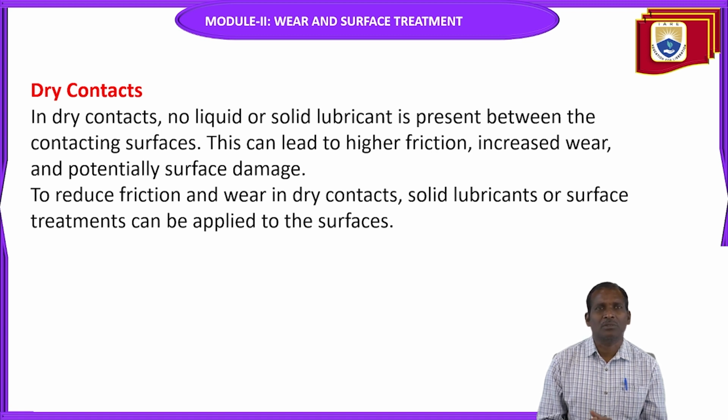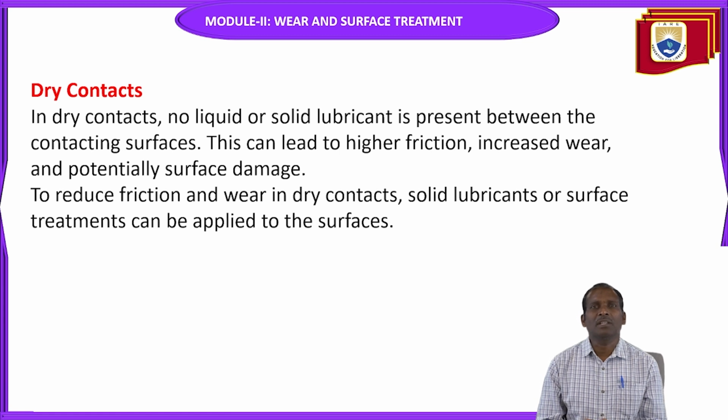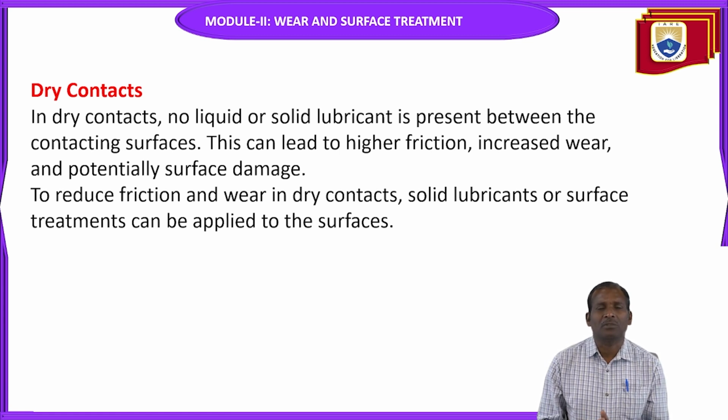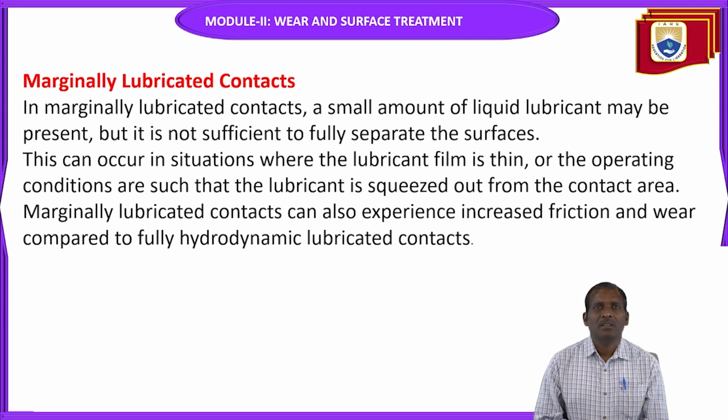At that time you can use solid lubricants like graphite and molybdenum disulfide in between the two contact surfaces to reduce the friction and wear. In marginally lubricated contacts, a small amount of liquid lubricant may be present, but it is not sufficient to fully separate the surfaces.